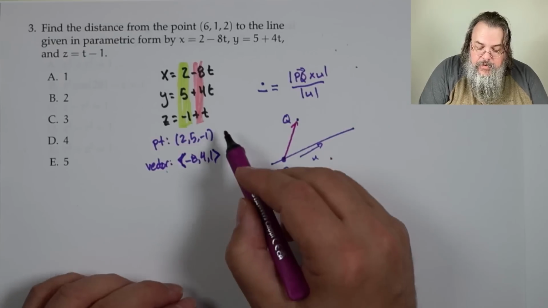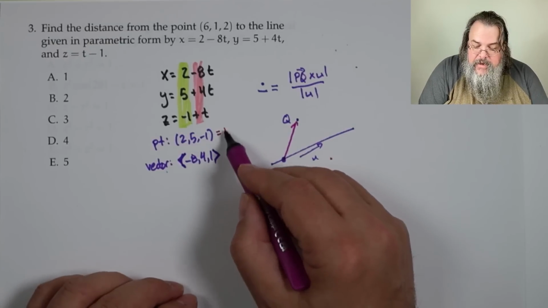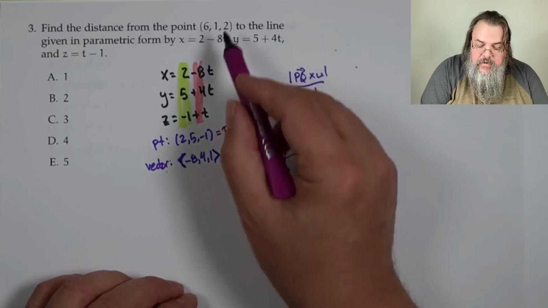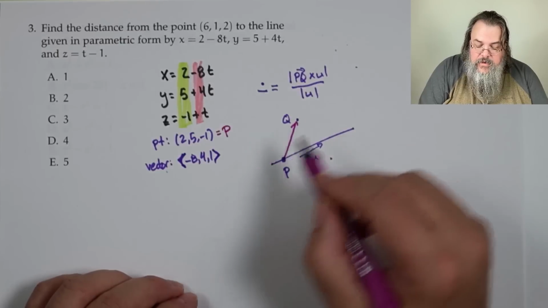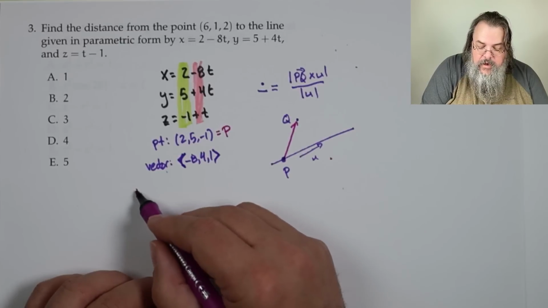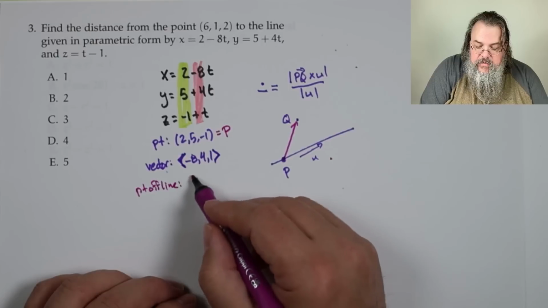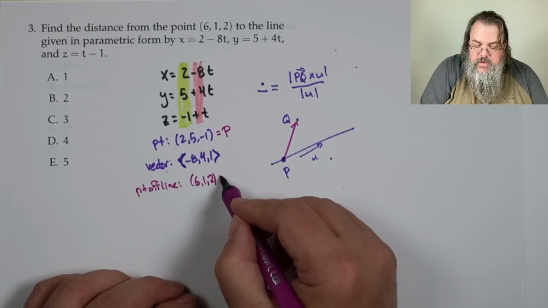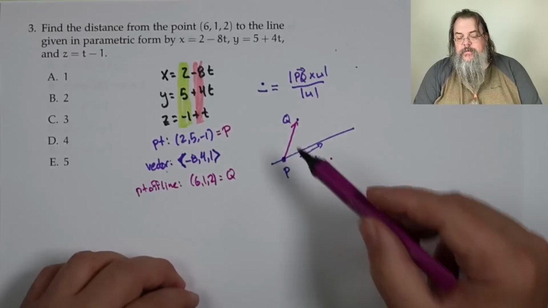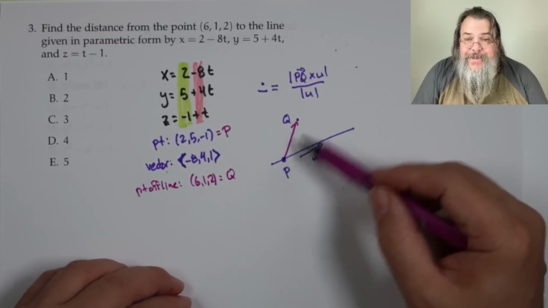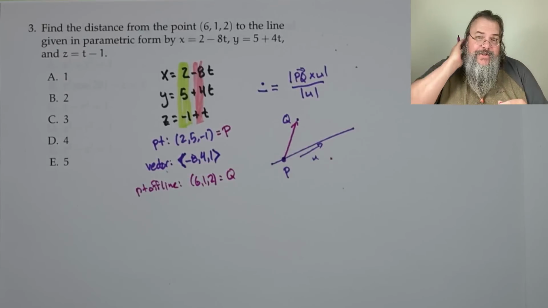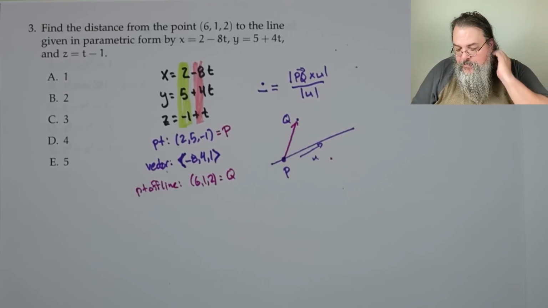Now, this point here, the point on the line, that's our P. This other point, Q, the point off the line, that's (6, 1, 2), that's equal to Q. Now, by the way, if you switch the roles of P and Q, you get the same answer. So no worries at all.